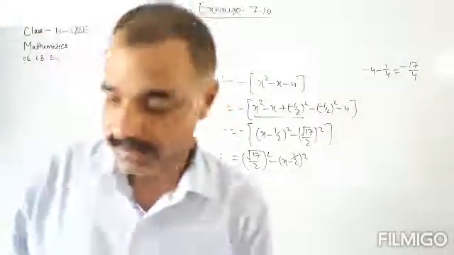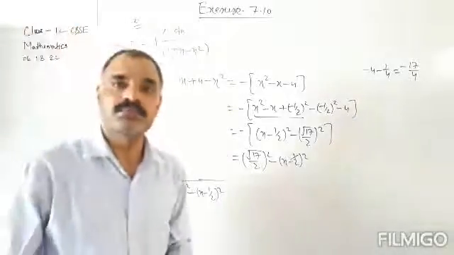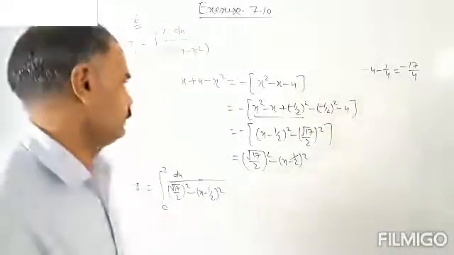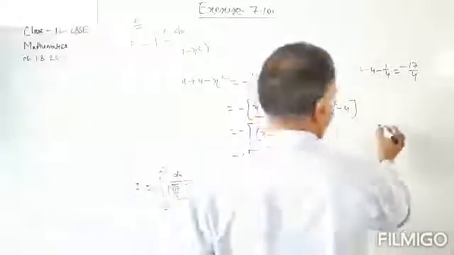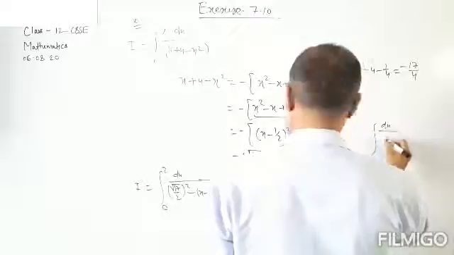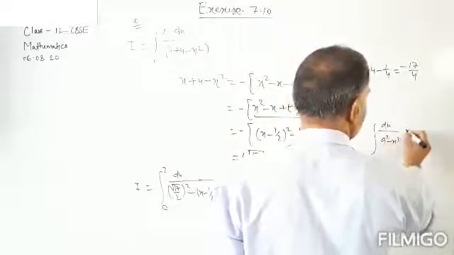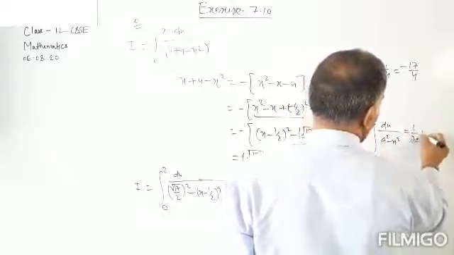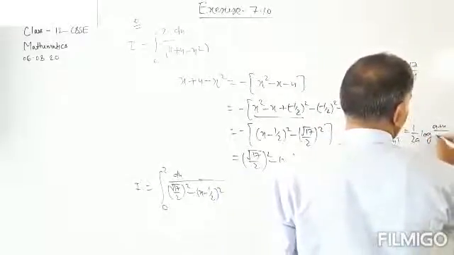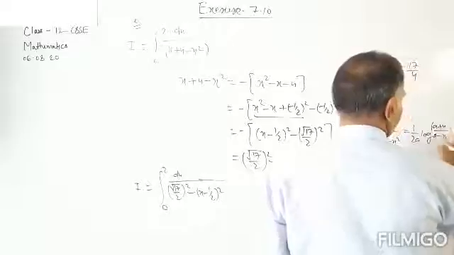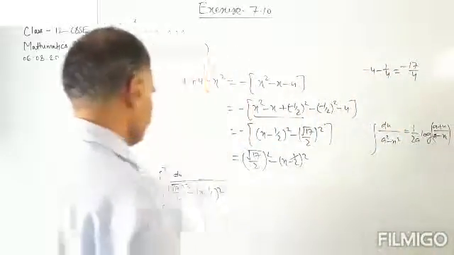Now we have to integrate this using the formula. What is the formula for this? dx upon a square minus x square is equals to 1 by 2a log a plus x upon a minus x. Okay, so this is the formula.